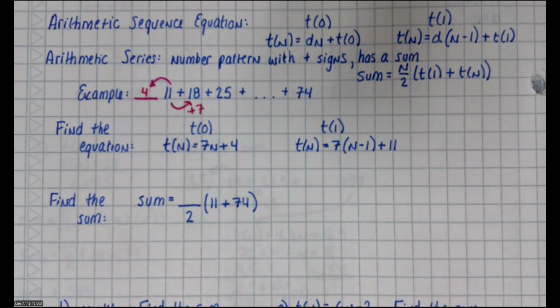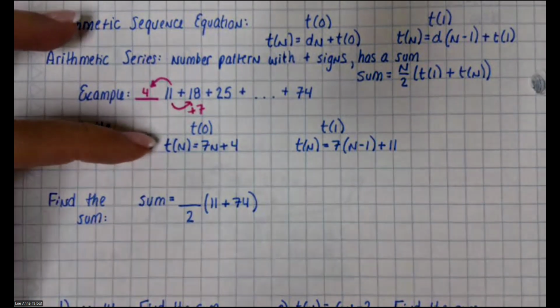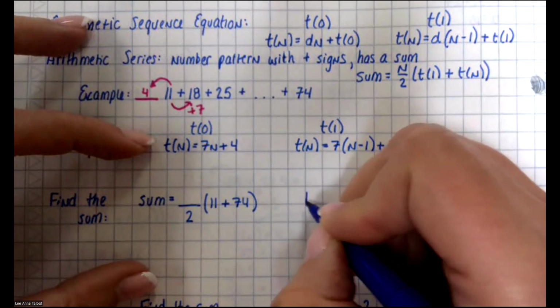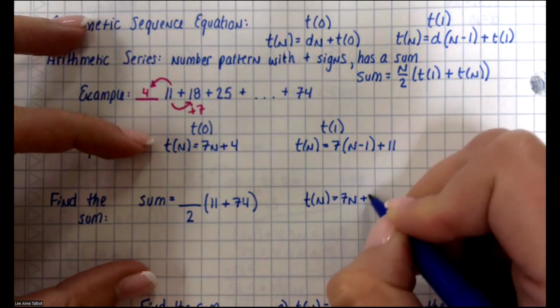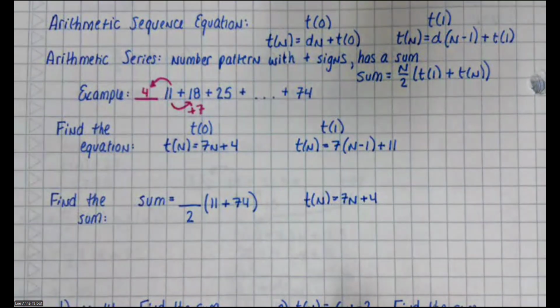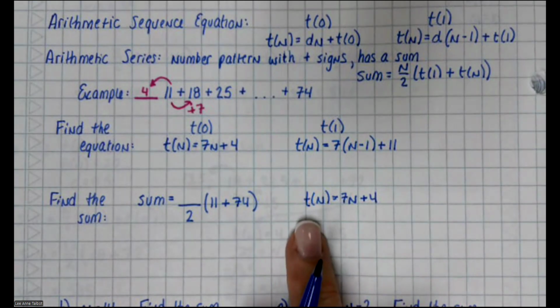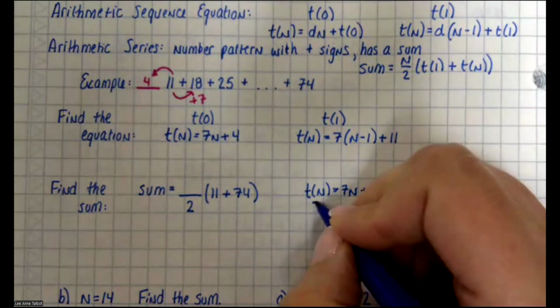Okay, what do I do when I get stuck? Equation. Okay, and I have this one. I find that one to be simpler. So I'm going to say, okay, T of n equals 7n plus 4. And what number do I want to know the spot it's in? 74.